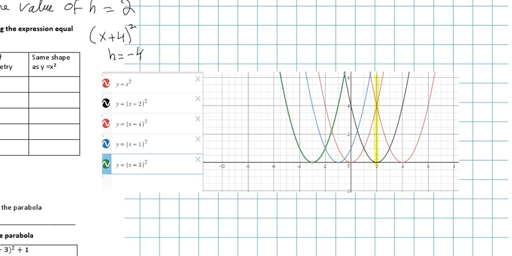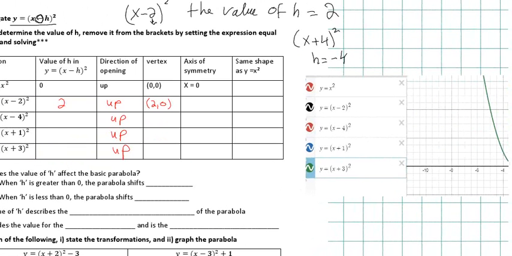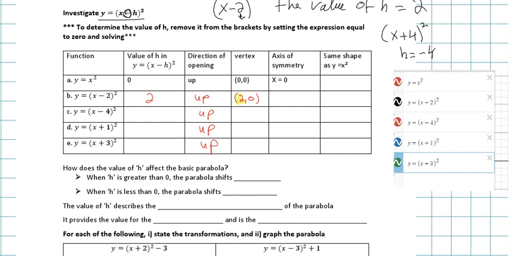So what value of the vertex is it? It's the x value of the vertex. You guys see that?